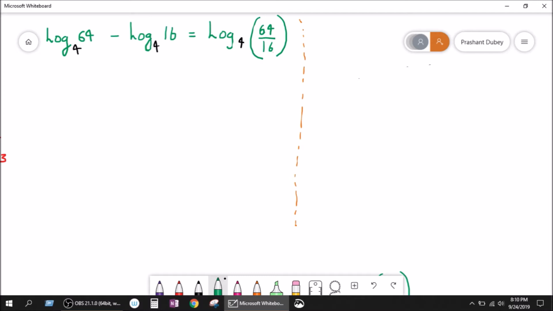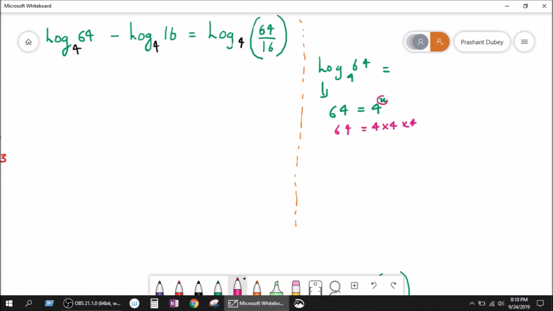Now let's take this question as an example. What is log 64 to the base 4 equal to? So we can write this as 64 is equal to 4 to what power? 4 times 4 times 4 is equal to 64.